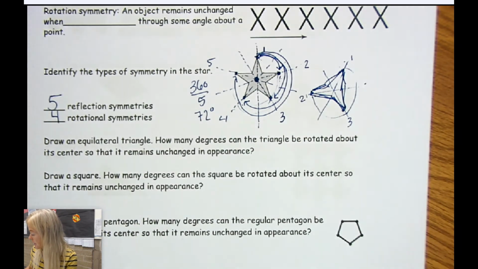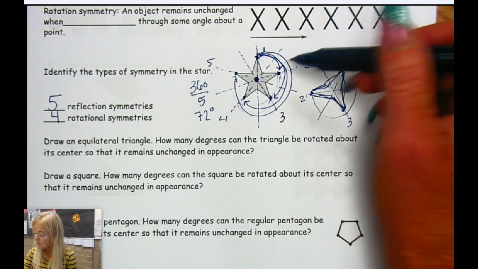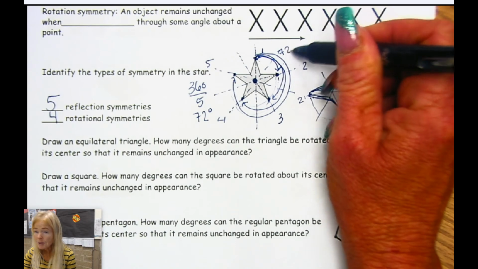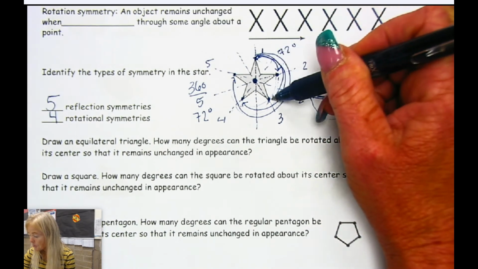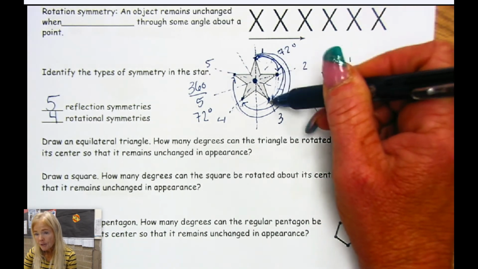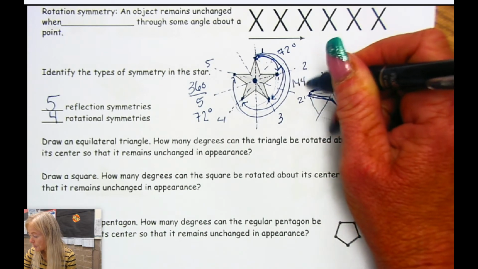How about I do that on my calculator? 360 divided by 5 is indeed 72 degrees. So that means this rotation would be 72 degrees. This rotation would be 72 plus 72, which is 144 degrees.